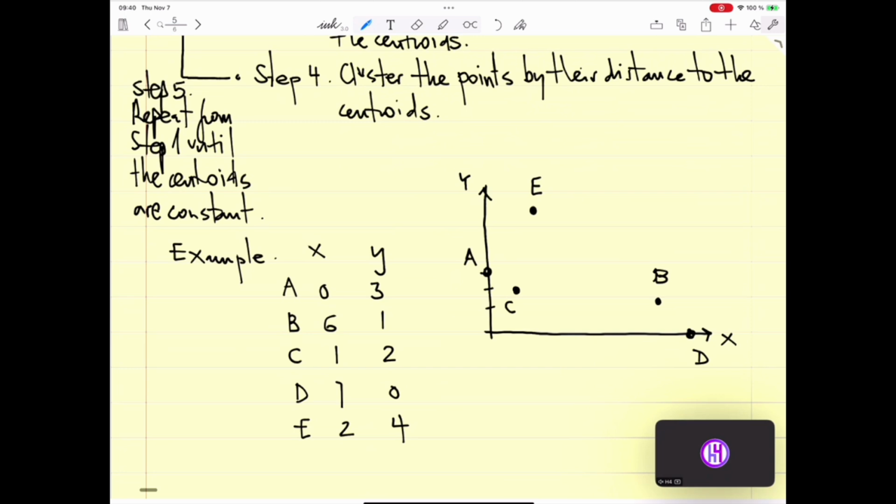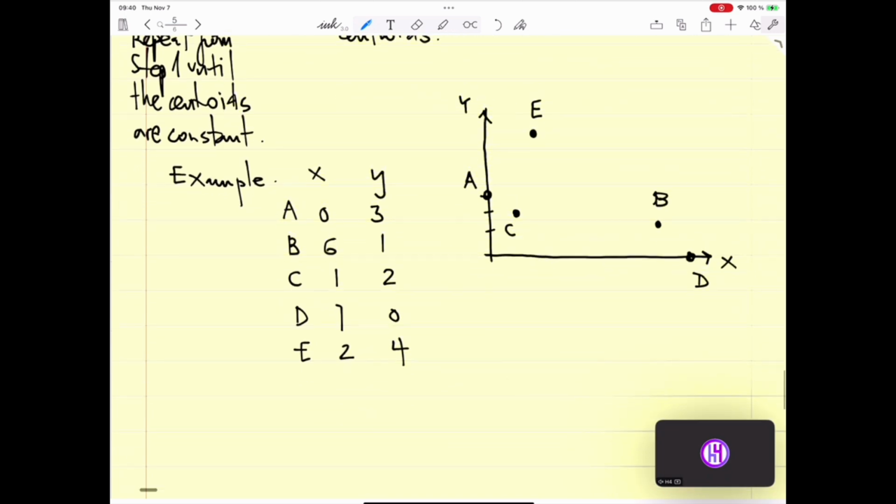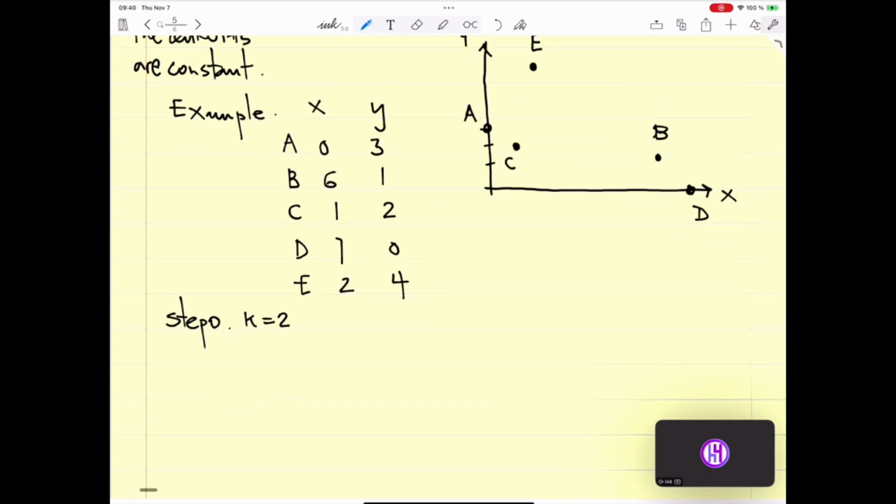So intuitively, say we have two clusters. So step 0, sorry, is we have k equals 2. Then step 1, distribute the points into clusters.